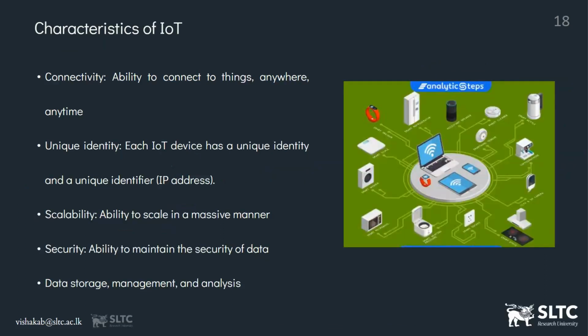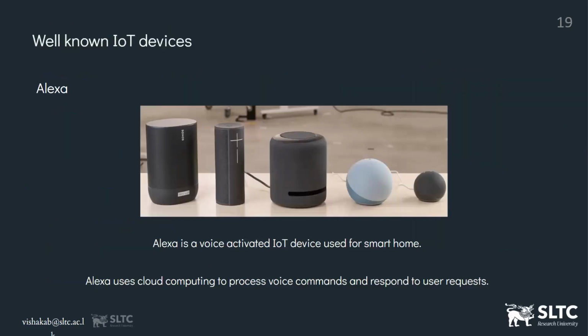Basically, I'm not going to go into detail regarding the characteristics of IoT networks. We discussed that. Here I will give a brief explanation about the existing IoT devices which are very popular around the earth. We have Alexa, which was developed by the Amazon company.